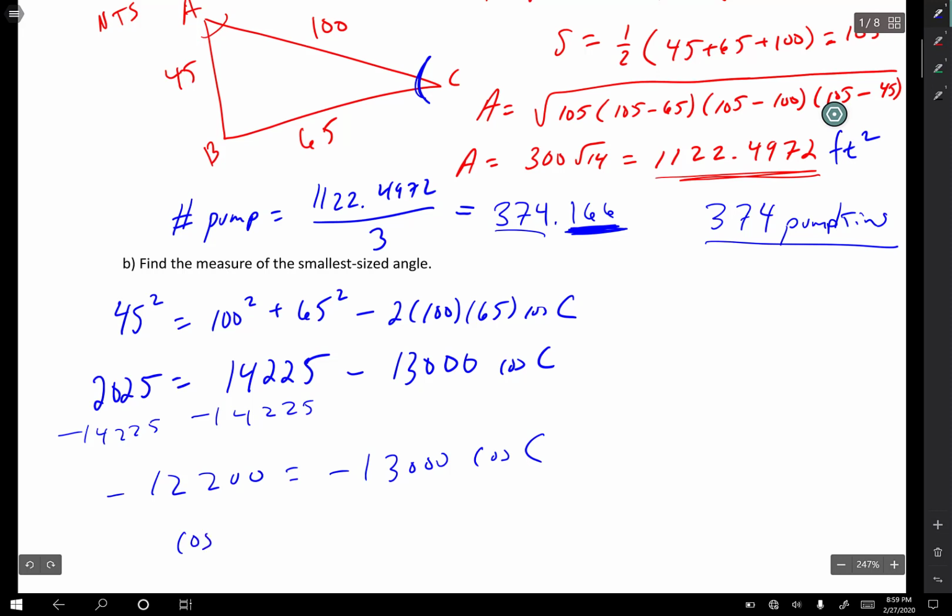So cosine C is equal to 12,200 over 13,000, and I know it reduces, but I'm not going to bother. And then to get C by itself, I'm going to put an arrow. The angle C is going to be arc cosine of 12,200 divided by 13,000.